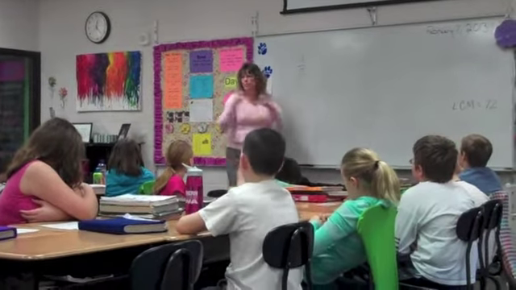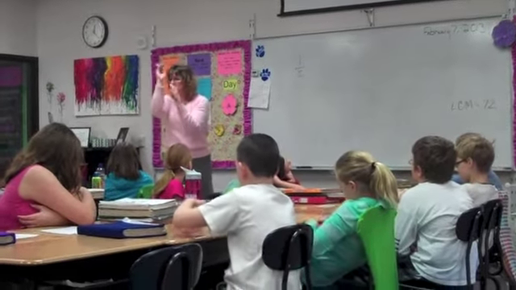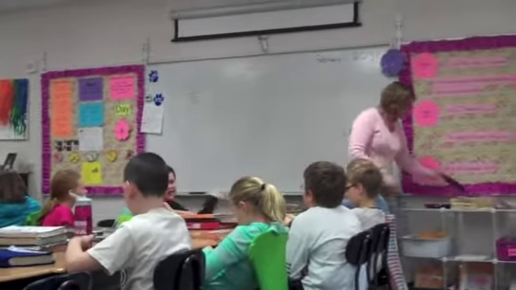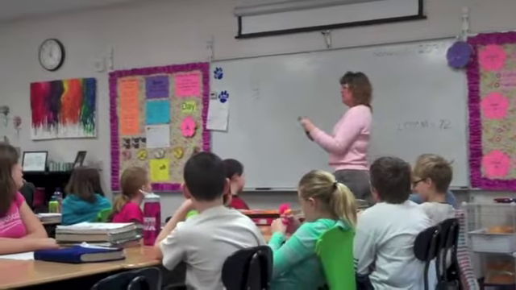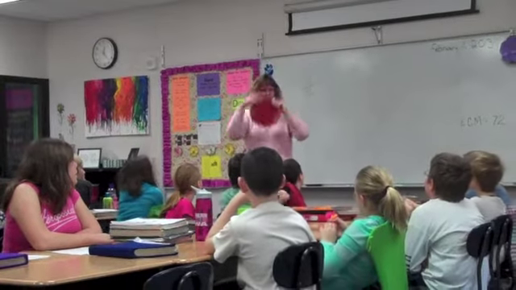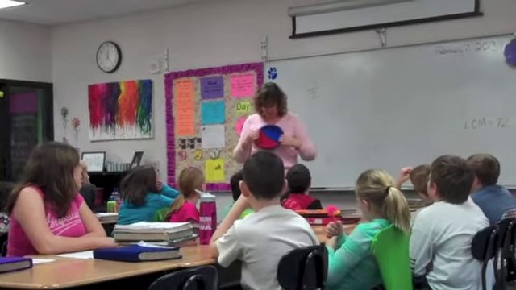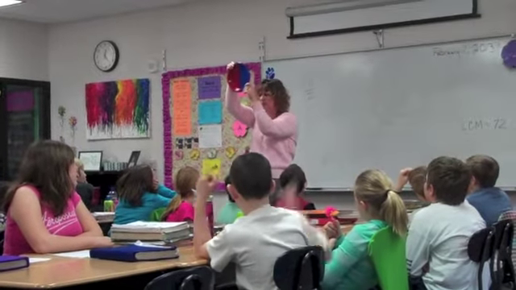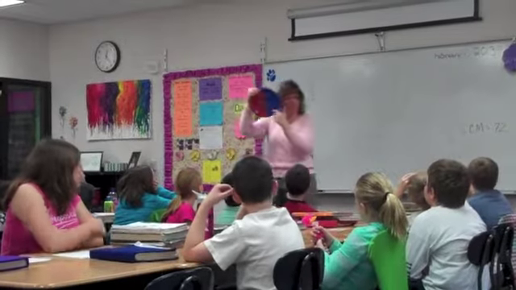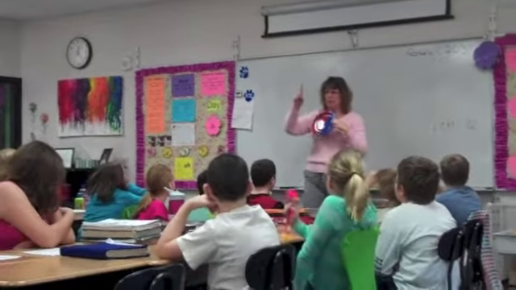So if I have 1 pizza, and I divide it into 2 pieces, how much would I get? How many pieces do I get? Right? So this is 1 piece out of 2. 2 pieces together make 1.